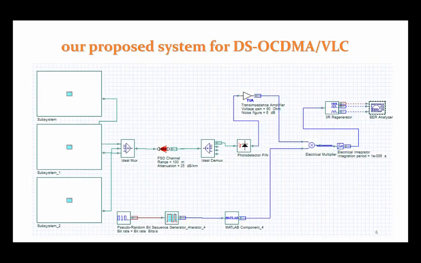All that I have mentioned so far will help me to introduce our proposed system. In this system, the optical orthogonal codes, OOC, that are generated by a MATLAB block in simulation with OptiSystem are used to simulate the usefulness of the DS-OCDMA VLC system for V2X communication. The objective is to generate the sequence codes corresponding to each user and implement them in the OptiSystem simulator using MATLAB.